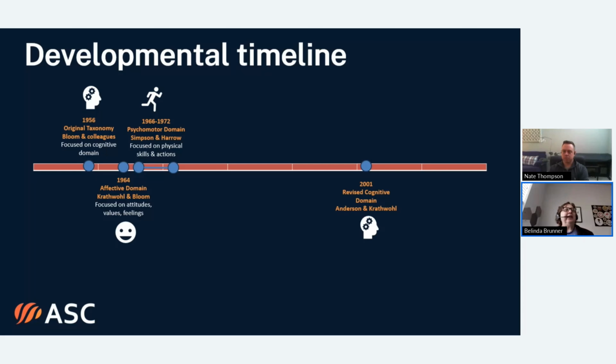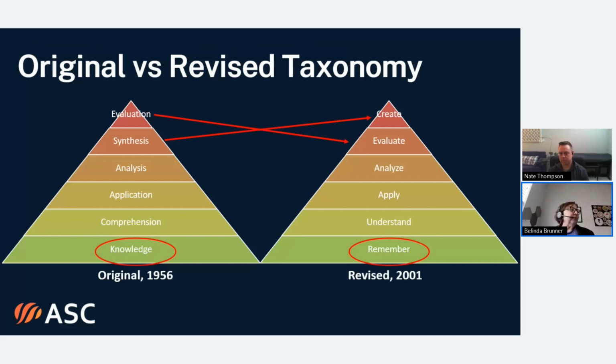It was revised in 2001. One of the people who worked on the revision was actually a student of Benjamin Bloom, but I can't remember which one, but it was revised more recently. So taking a look at the original versus the revised taxonomy, the original taxonomy included 6 levels that ranged from knowledge.